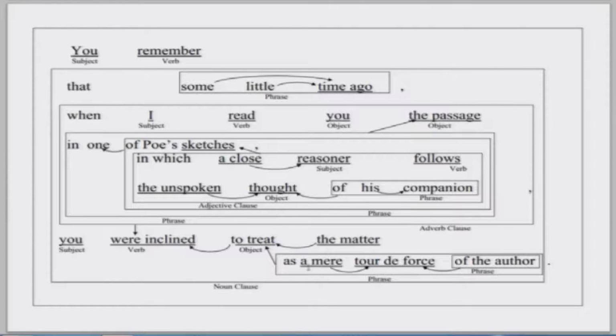This is the phrase in which this is another smaller phrase, qualifying tour de force. Mere also qualifies the same thing. And this is another adverb. In fact, some little time ago is also an adverb to this, were inclined.